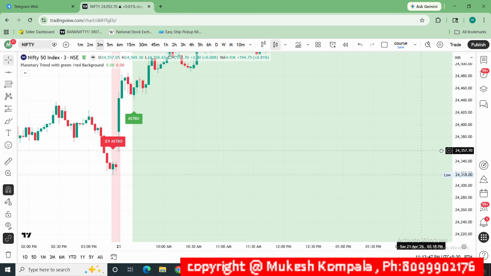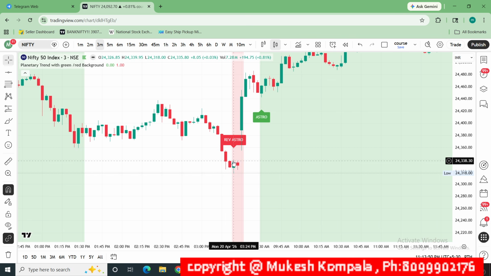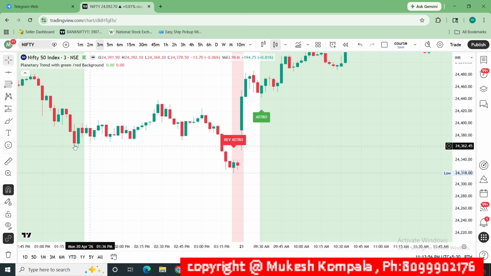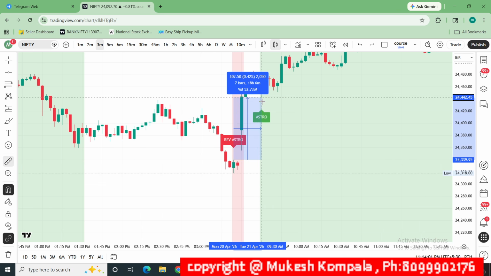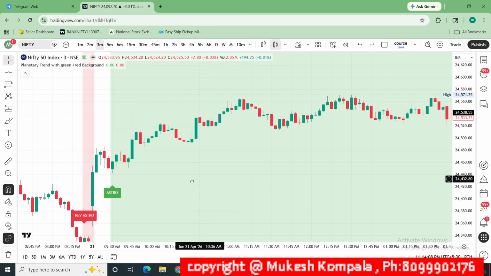For example, see this is the Astro short signal, it has given that, right? So it was 24,337. Now we can calculate from here to here, it was 100 points. You have lost 100 points, but after that it has been profitable.